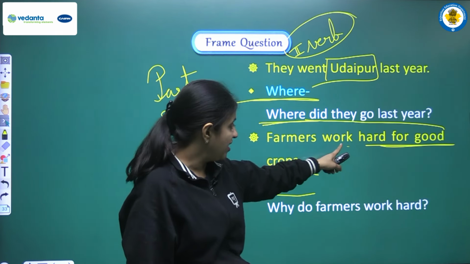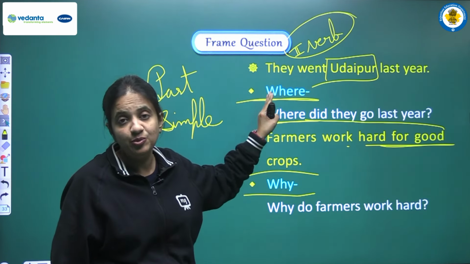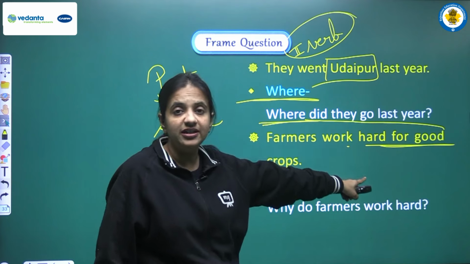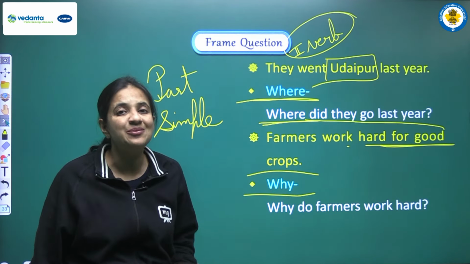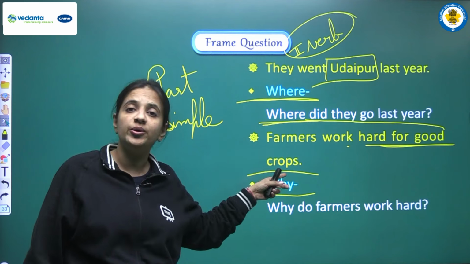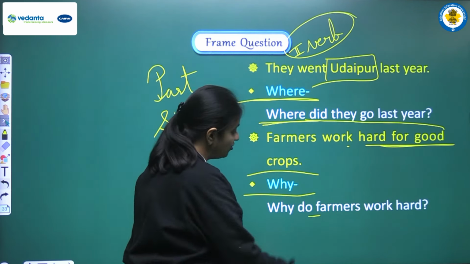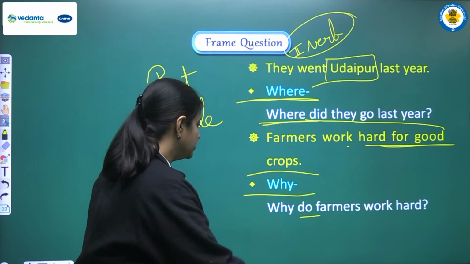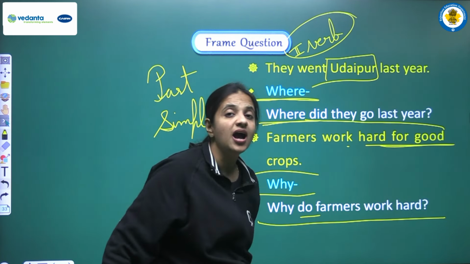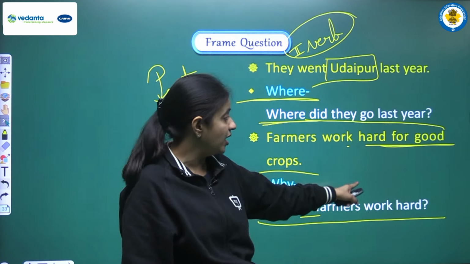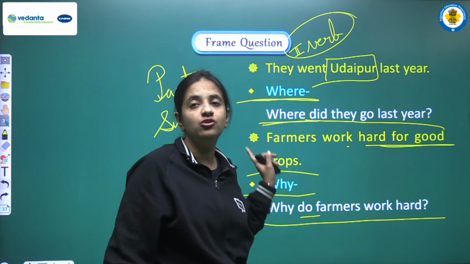Now we have to identify the tense here. Farmers, it's plural, and work, it's the first form of the main verb. So yes, this is present simple tense, and here do is hidden. So in the question we have to use do, the same tense. We can make: why do farmers work hard? And the answer is they work hard for good crops.